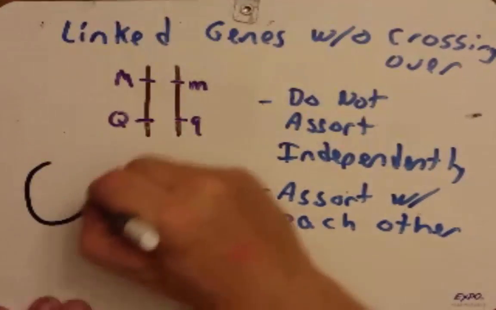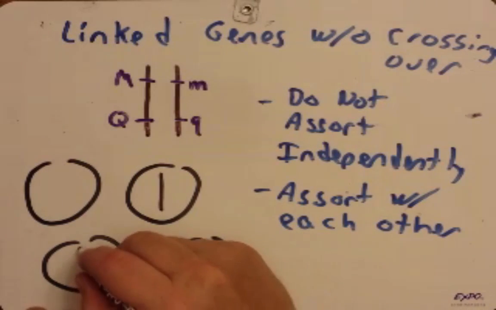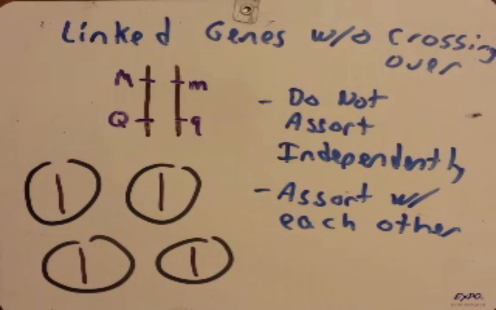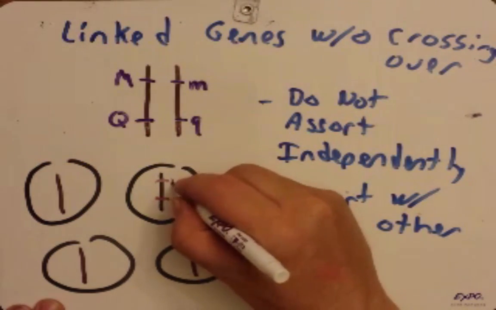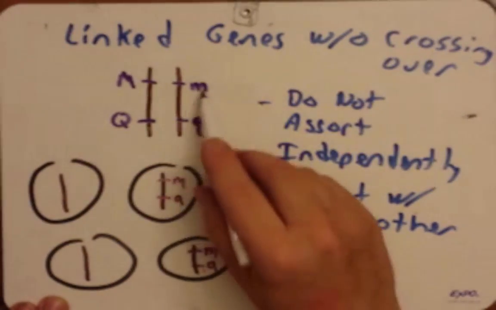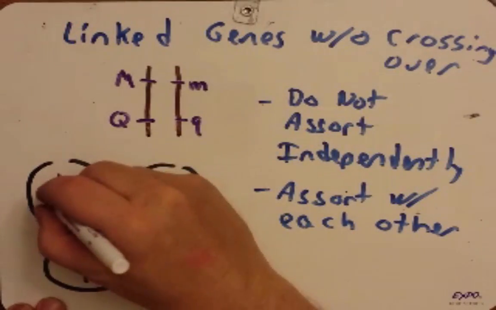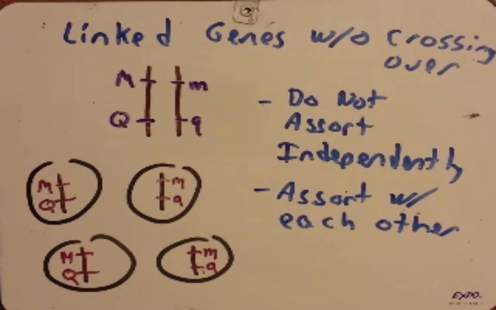So when you make the 4 gametes, the chromosomes will go into each other. Now remember, there are other chromosomes. We're just drawing this one chromosome because this is the one we're looking at, the one that contains genes M and Q. So there's no crossing over, so big M and big Q will always be together, little m and little q, and so will big M and big Q, just like that.